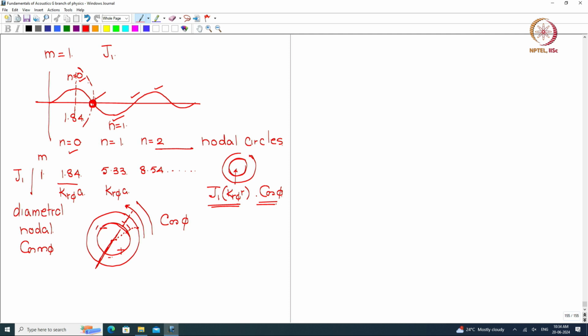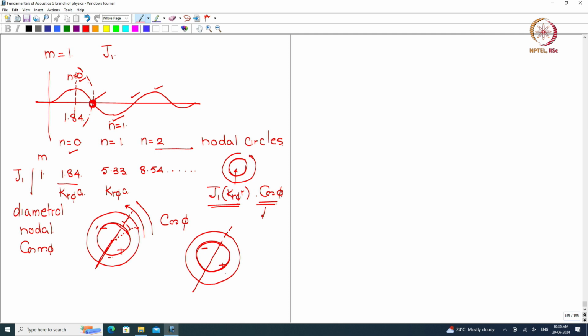Now I have, let us say, a plus here and a minus here due to cos. Further, due to the nodal circle, I will have a further division.